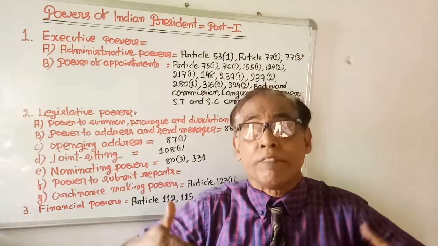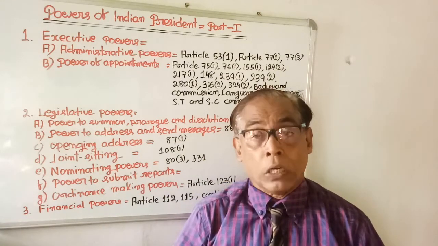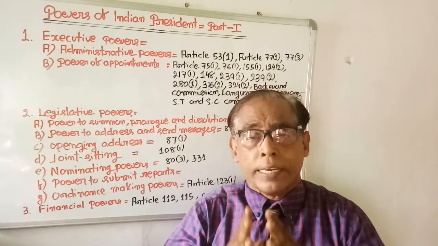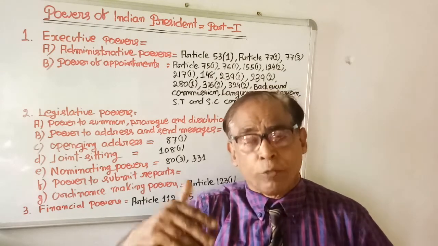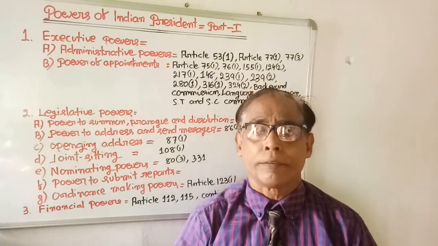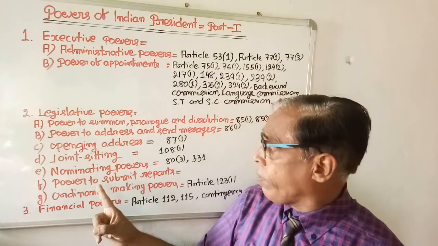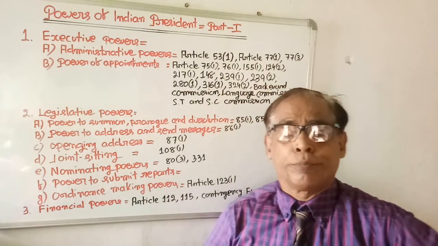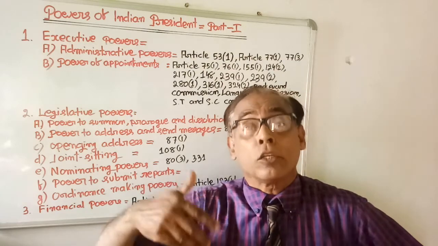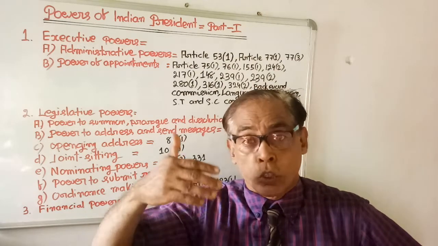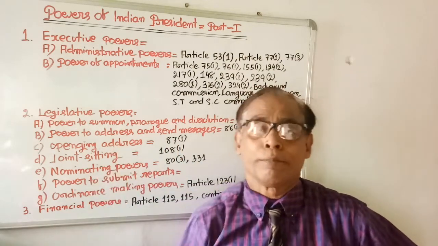Among the persons having knowledge in art, science, literature, and who have contributions for the society. And the power to submit reports. The President has the power to submit some reports in the Parliament.